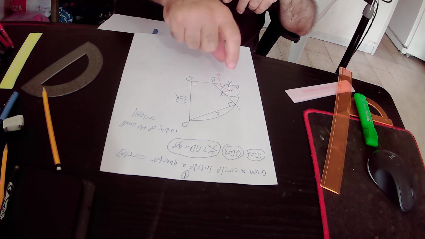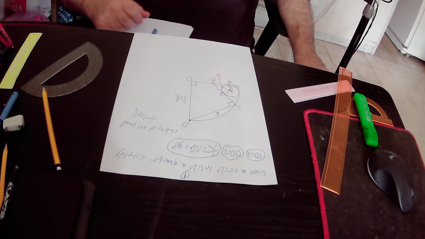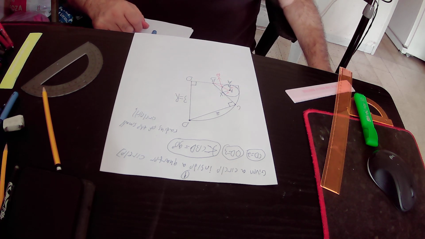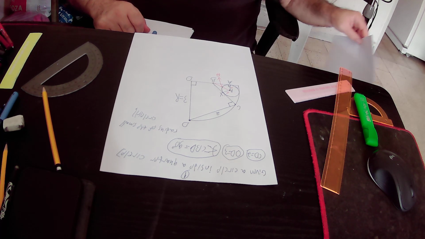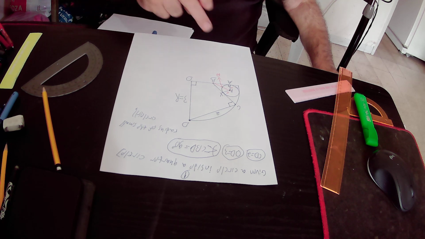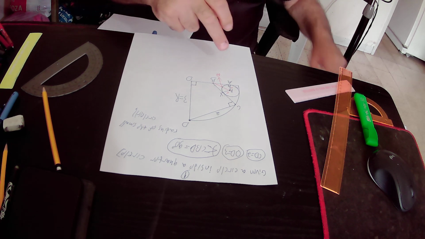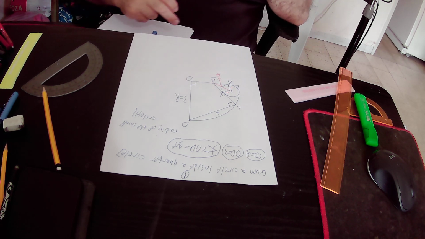That is to say, AB equals BX. Okay? So we actually proved that all the sides of triangle ABP are equal to all the sides of triangle PBX.